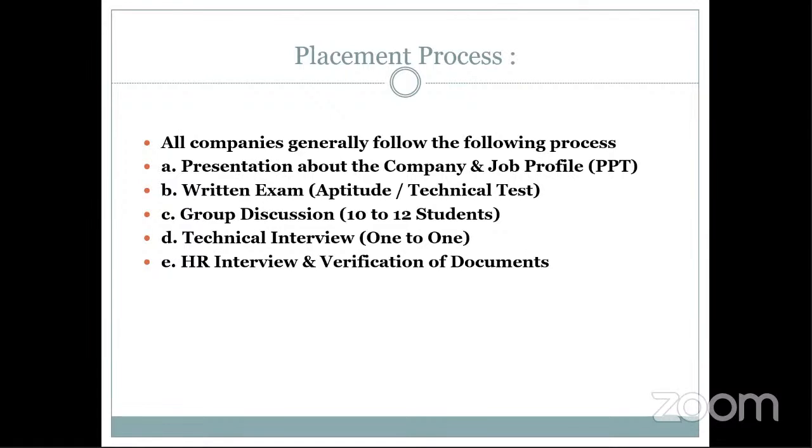In addition, for example, earlier TCS, when organizing the placement drive, had email writing as one part. Some companies were adding an essay writing part. Some technical or product based companies keep two technical rounds, technical one and technical two. Some skip the aptitude round and go directly to group discussion. It depends upon the company, jobs, roles, and responsibilities.